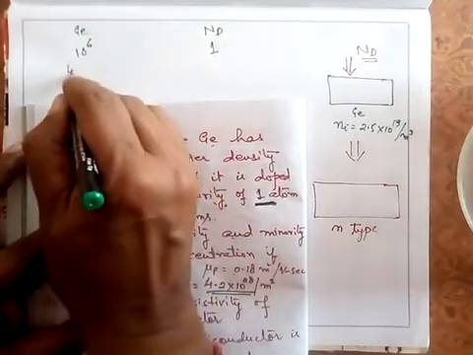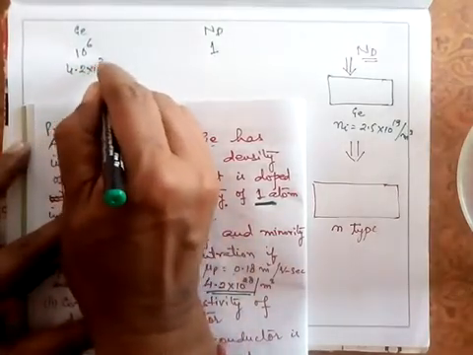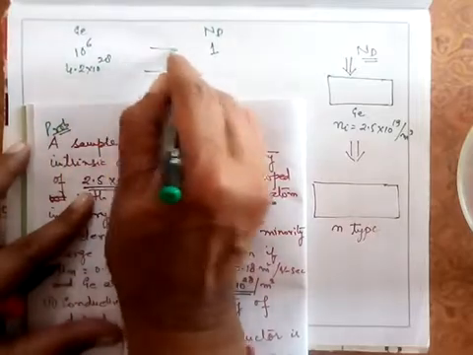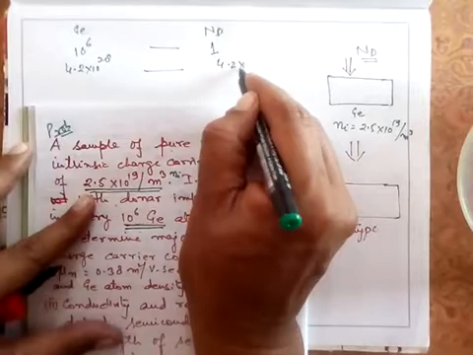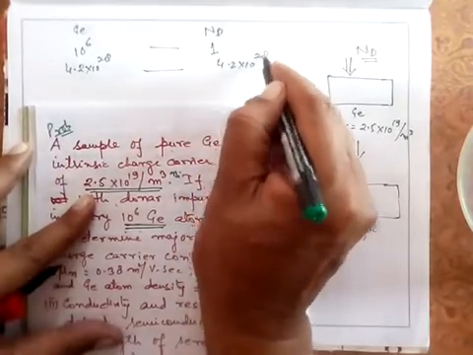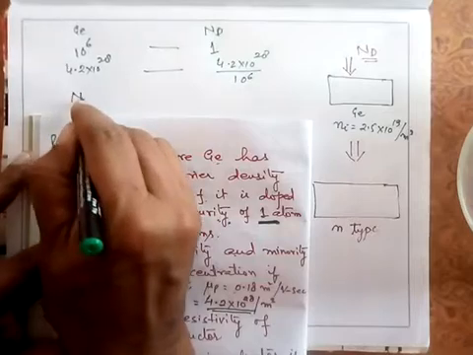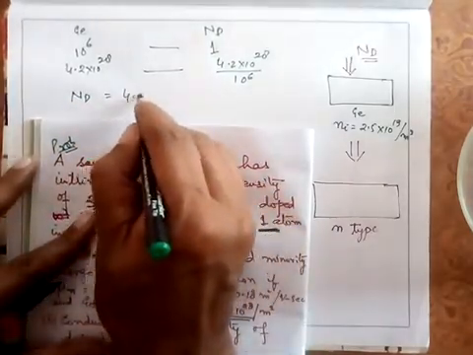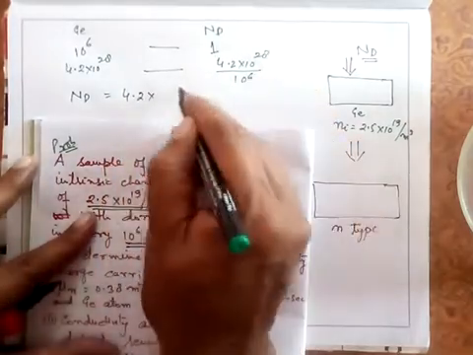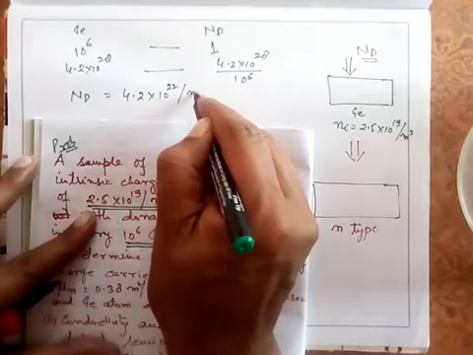So in 4.2 into 10 to the power 28, how many donor atoms will be there? It is quite simple: 4.2 into 10 to the power 28 upon 10 to the power 6. So the value of Nd will be 4.2 into 10 to the power 22, per meter cube.